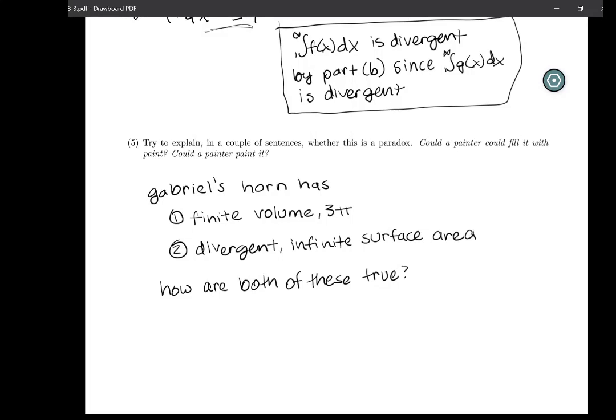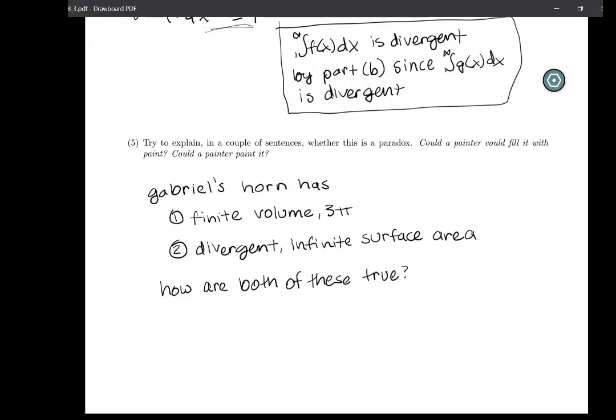If you filled it up with stuff, you would fill it up with 3 pi's worth of stuff. How does a shape that goes on forever have a volume that I can say what it is? That is what's up with Gabriel's horn. You get these two somewhat contradictory looking pieces of information.